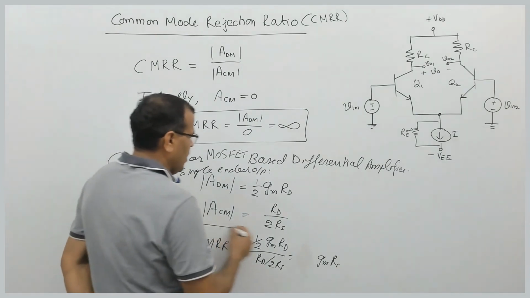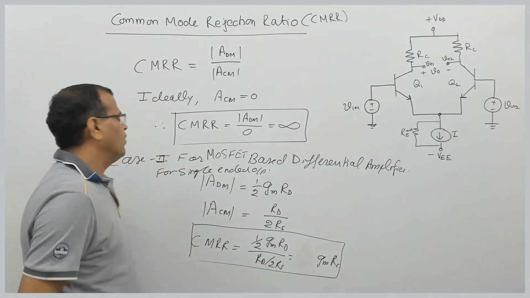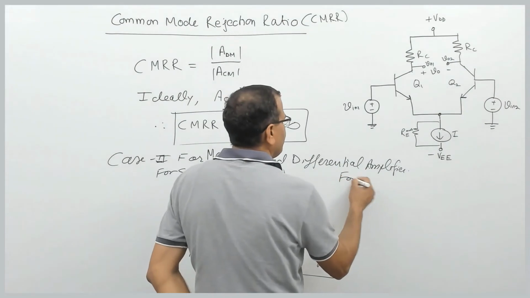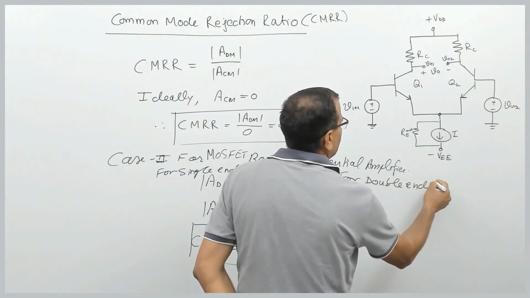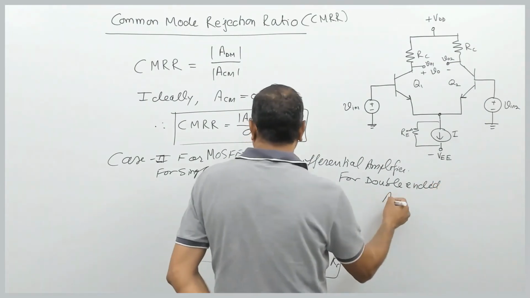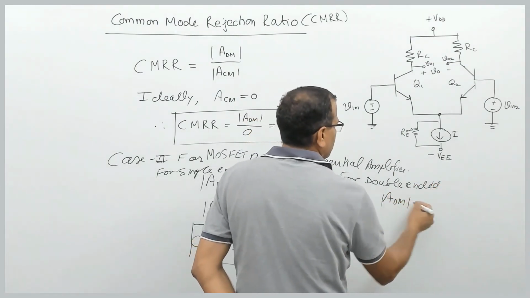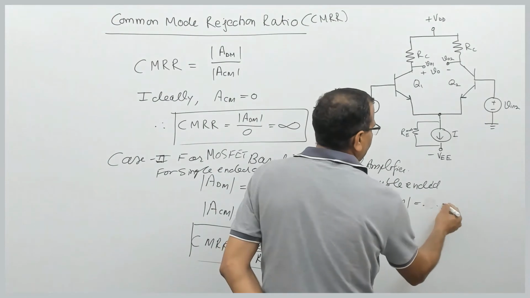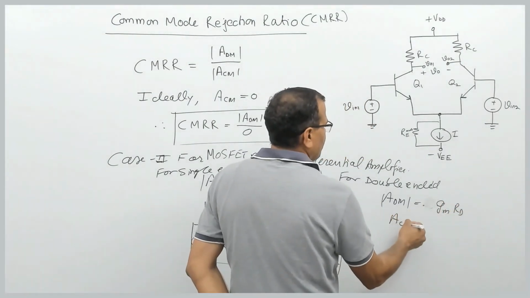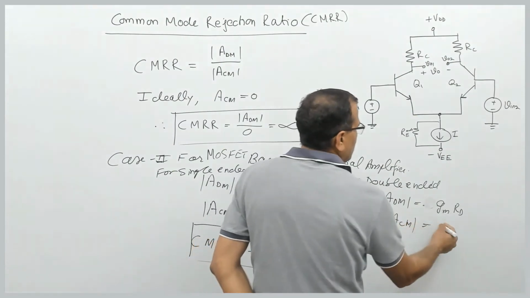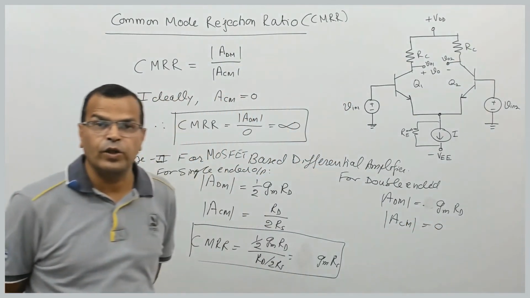Fine. And for double-ended, we have already seen for double-ended the differential mode gain will be the same. That is GM into RD. That is what you have. But for double-ended output, common mode gain is 0.